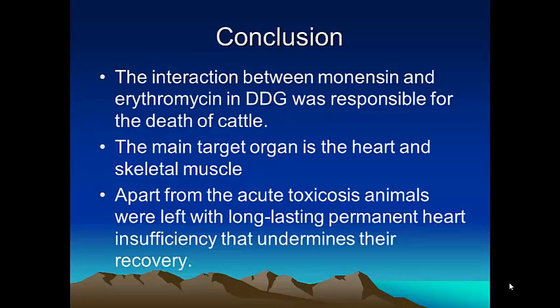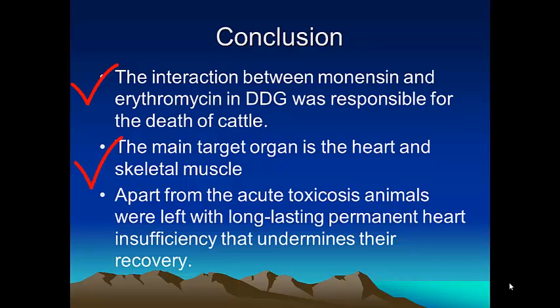So if we were to conclude this study in a few sentences, we could say that the interaction between monensin and erythromycin in the distillers' grains was responsible for the death of those cattle. As we mentioned earlier, erythromycin is known to prevent the biotransformation of monensin in the liver, and by doing so, monensin will bypass the liver and get into the systemic circulation, which at therapeutic concentrations should not happen.